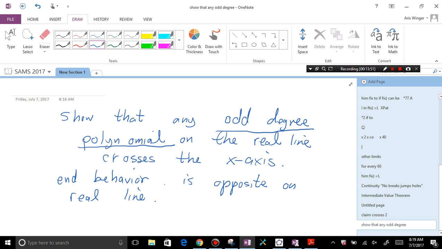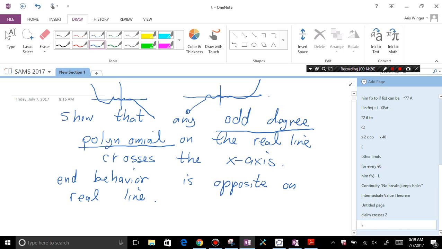So I don't know whether you all talked about rising to the left, falling to the right for polynomials. We talked about that. So when you have odd behavior on the ends, it's either coming down from here, doing whatever it does in the middle, and rising, or it has to come down from here, do whatever it wants to do in the middle, and fall. So every odd degree polynomial has to do that.